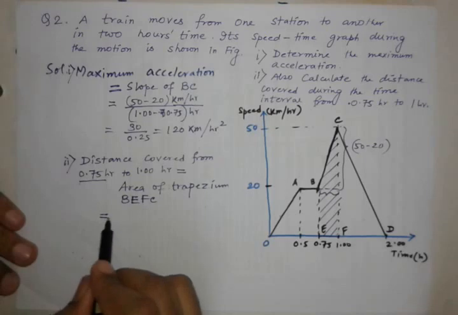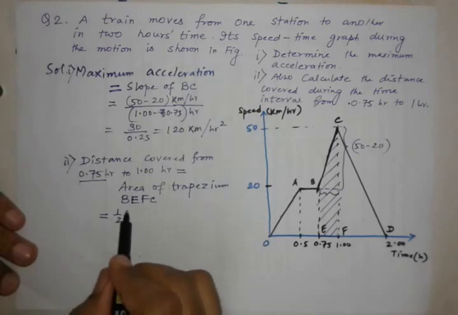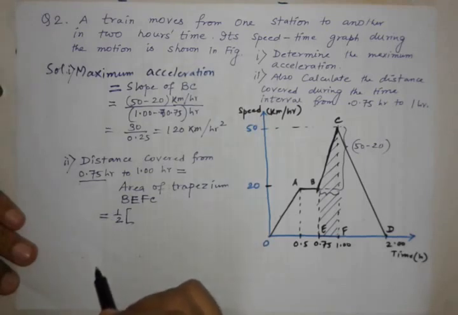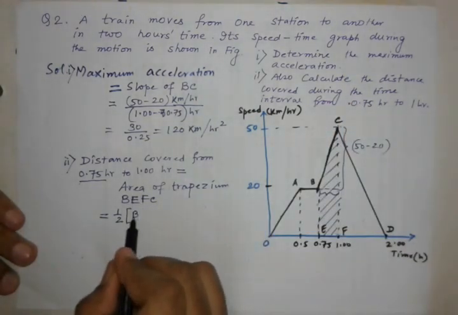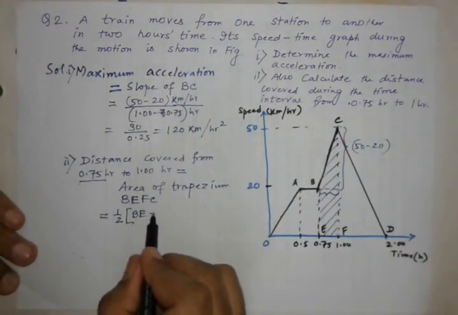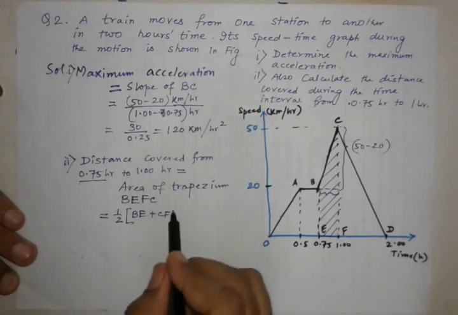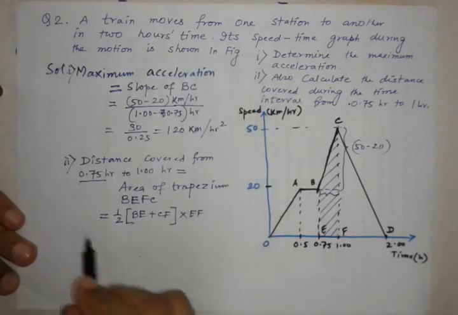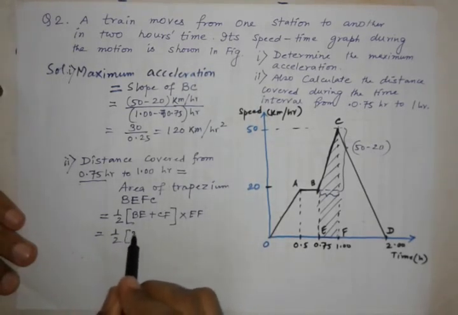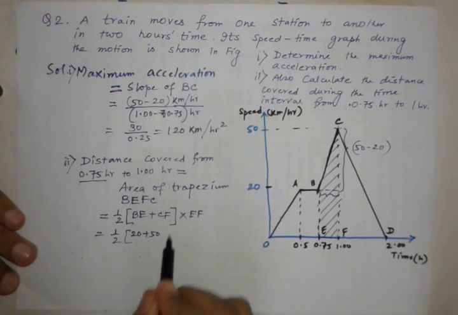So formula for trapezium is half into sum of the parallel side into perpendicular height. So this is the parallel side. So BE plus CF into EF. So which is nothing but half 20 plus 50.